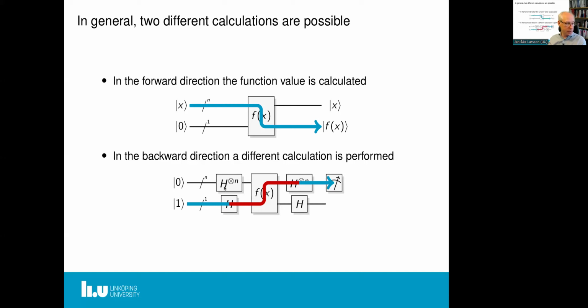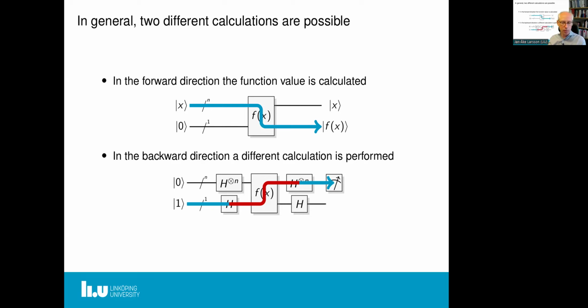And I believe this is a better way to understand what is going on here. It really is two different calculations, but in two different degrees of freedom. It's not what the standard explanation says, where you've got superpositions of many different inputs and you do all the calculations for all the values in parallel. That's not what you do.